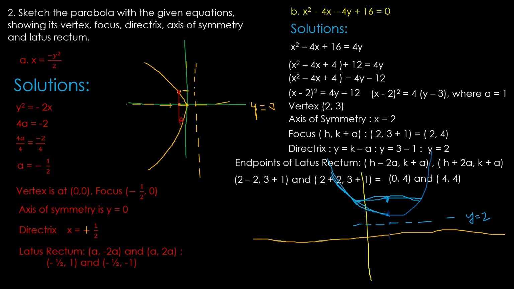Since it's a rough sketch, we're going to adjust this portion and adjust this part. And then the other is (4, 4). So these are the endpoints for the latus rectum.